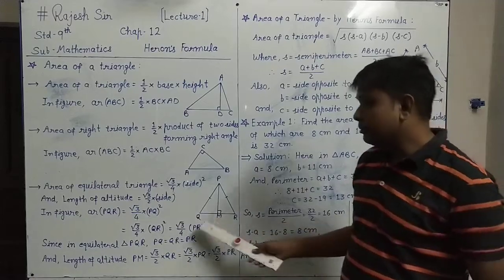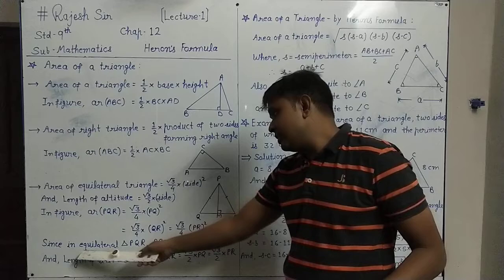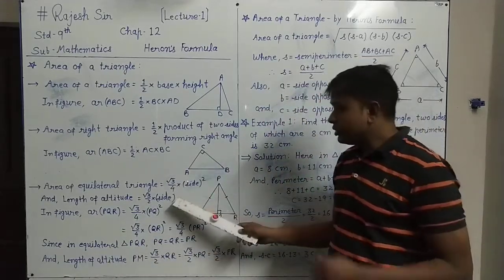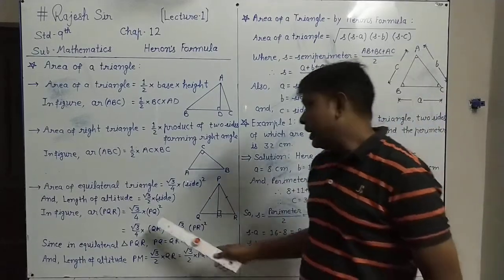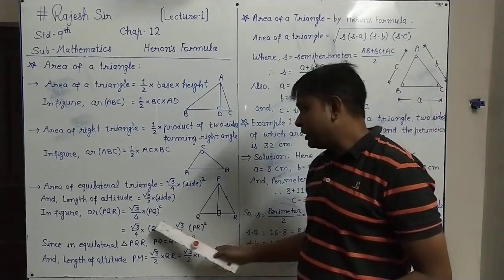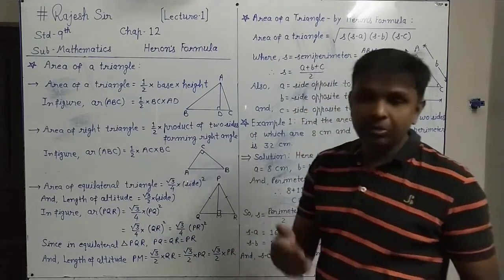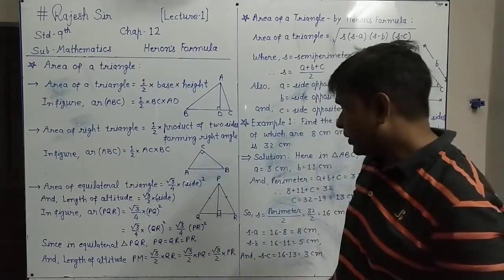Any side we can take because all three sides are equal in an equilateral triangle. Since PQ equals QR equals PR, root 3 by 4 into side square gives the area, and in place of side we can place PQ, QR or PR. So ultimately it becomes root 3 by 4 into any side square.